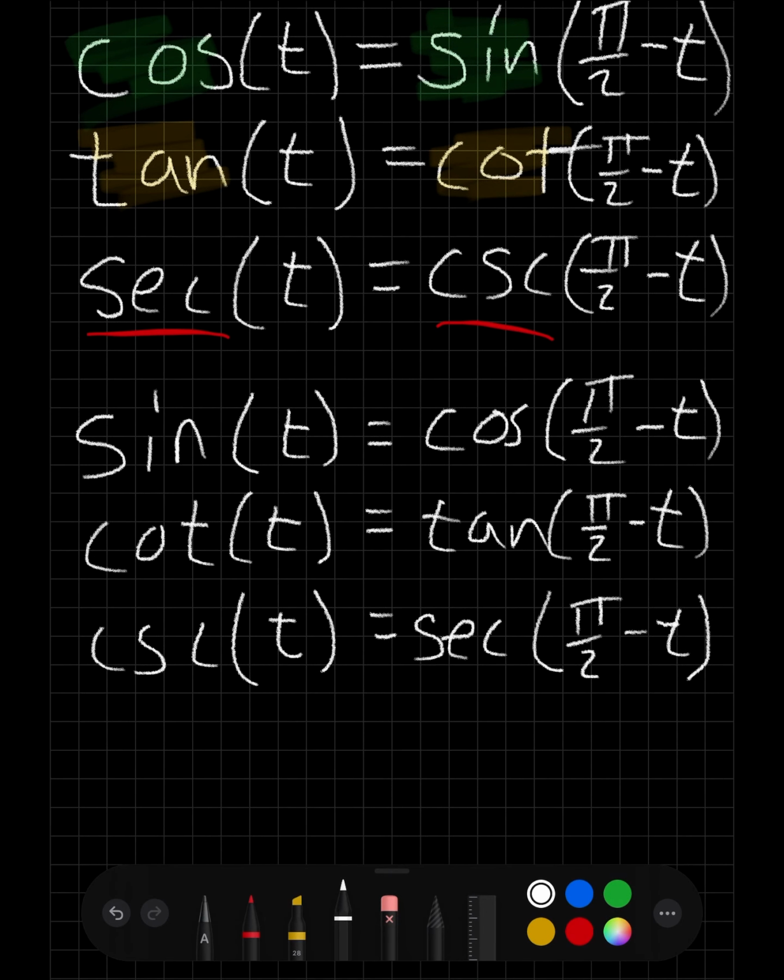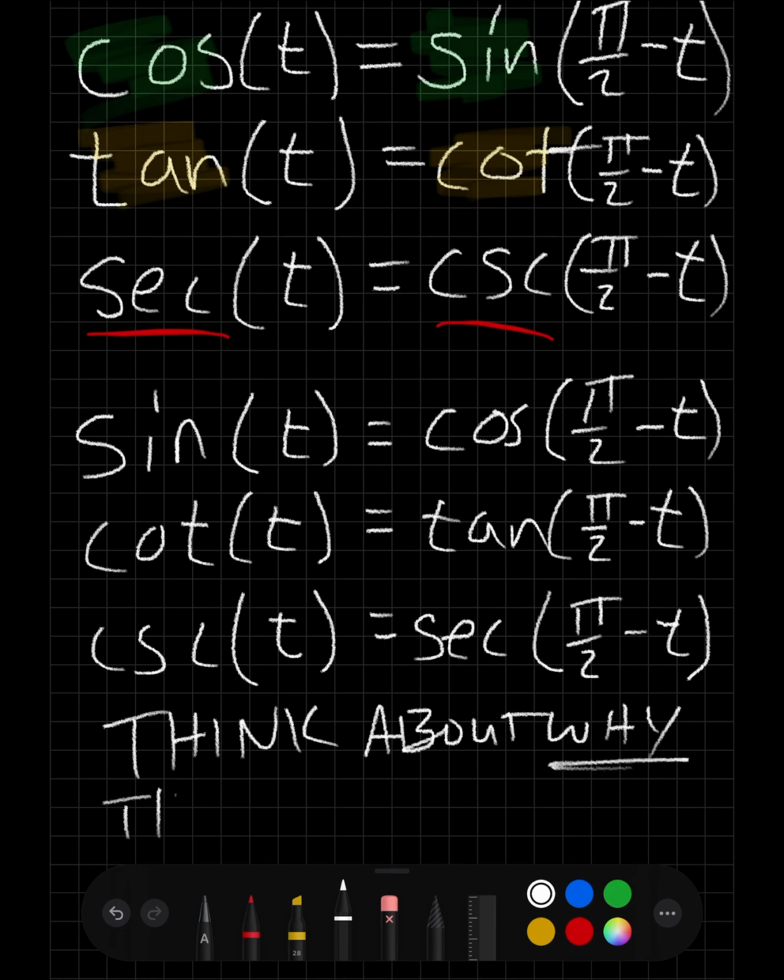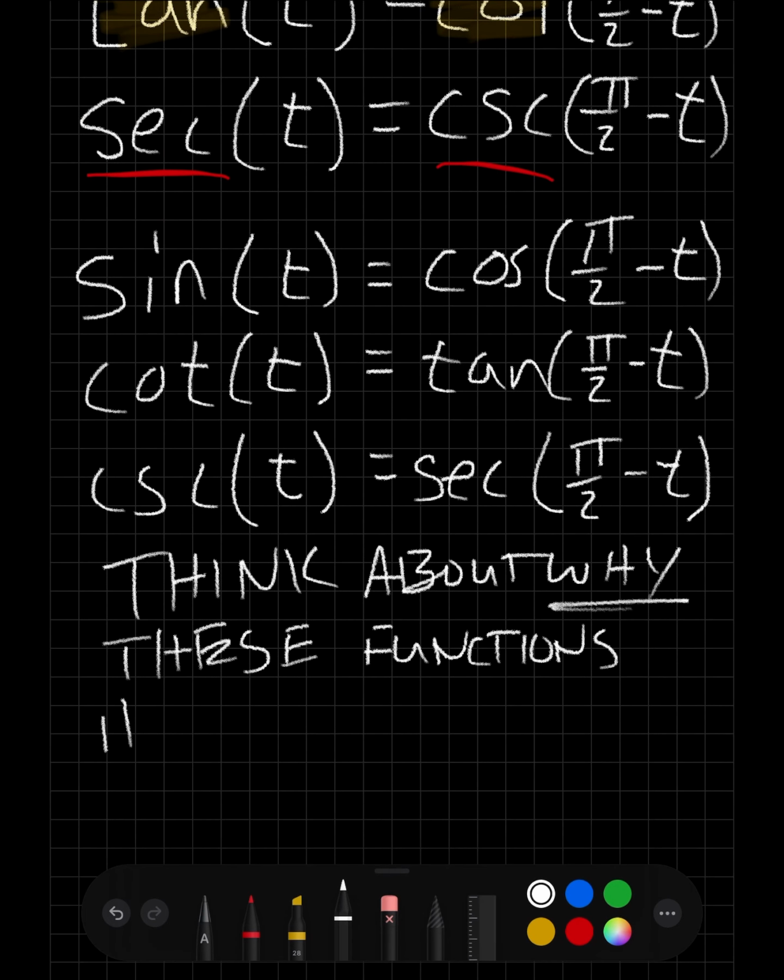But I also want you to think about why this is true. Think about why these functions have this relationship. We're going to talk about this in class. It has to do with the unit circle, and it's really cool.